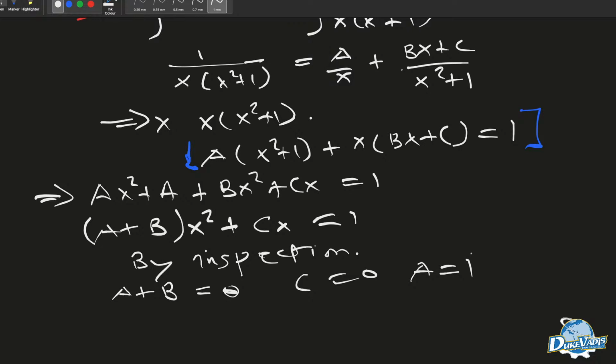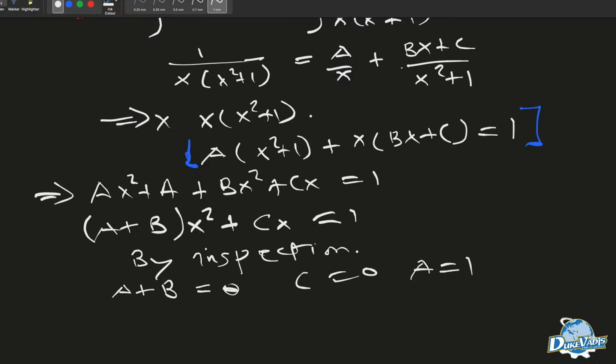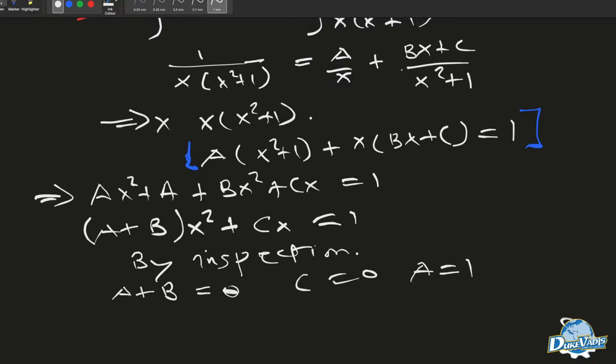So as we now know the value of A, when we substitute A into this equation, we get B to be equal to -1 and C is 0.